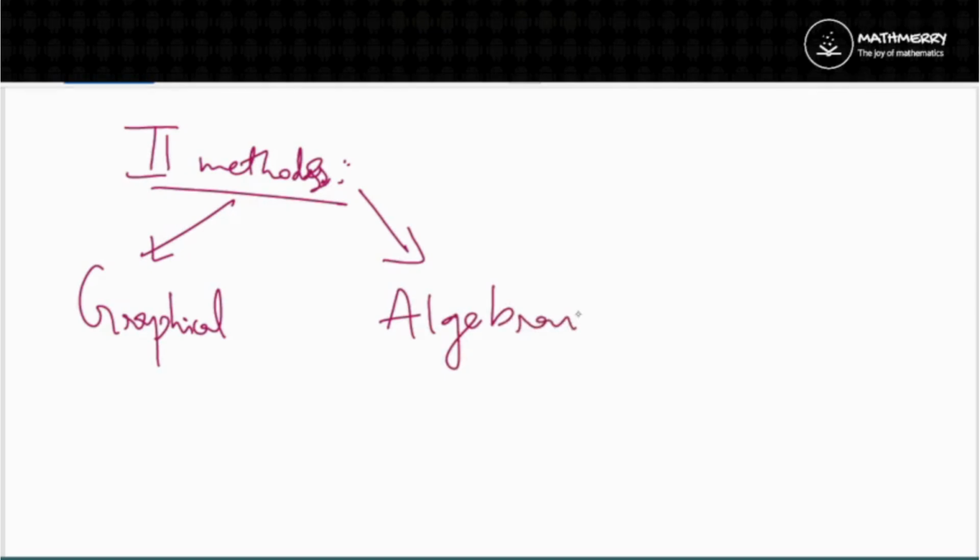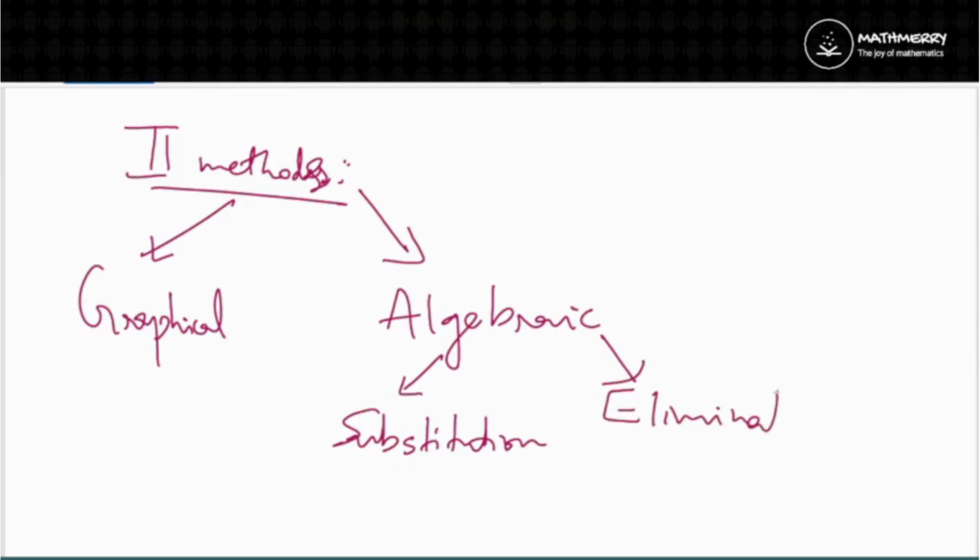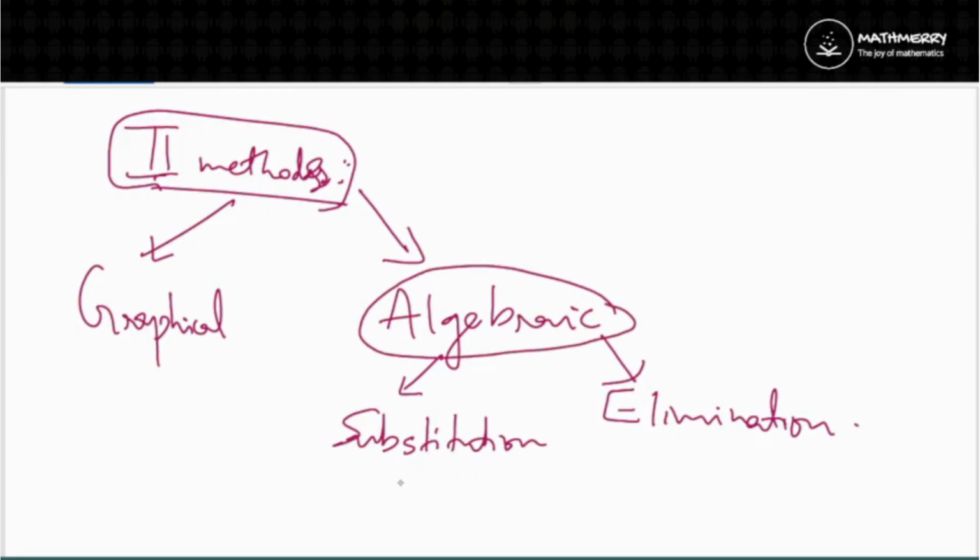In algebraic method, we have the substitution method, and also we have the elimination method. So to find out the solution of a pair of linear equations in two variables, the first one is the graphical method, and the second one is the algebraic method, in which we have two, that is substitution and elimination methods.